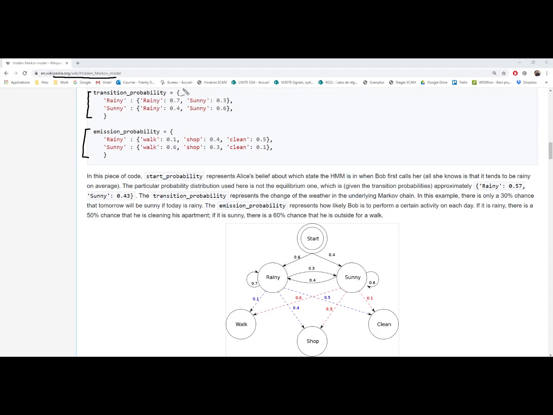For instance, if it's rainy, you have a 70% chance that it's rainy tomorrow, and of course a 30% chance that it's sunny tomorrow. If it's sunny, then you have a 40% chance that it's rainy tomorrow, and of course a 60% chance that it's sunny tomorrow. So this explains the Markov model or matrix.